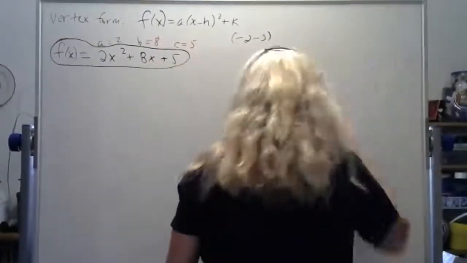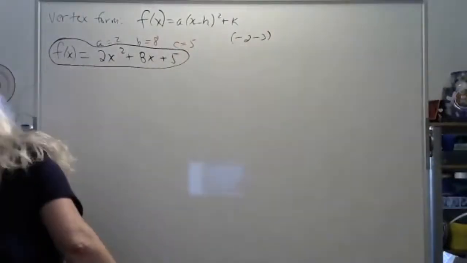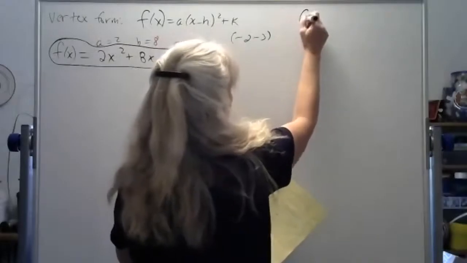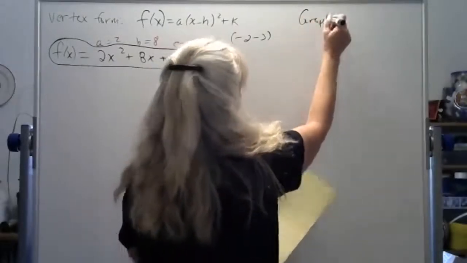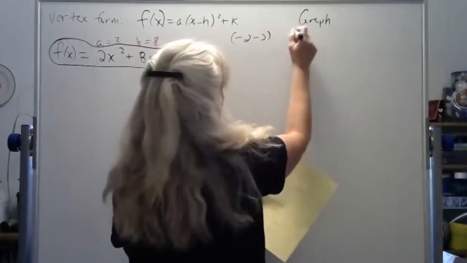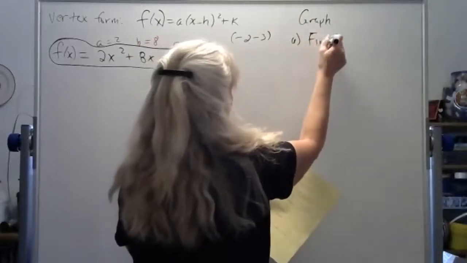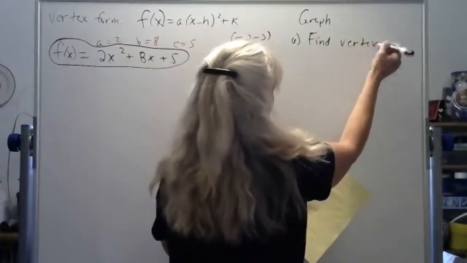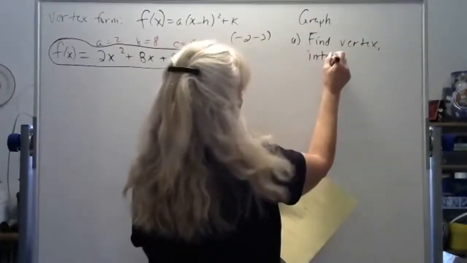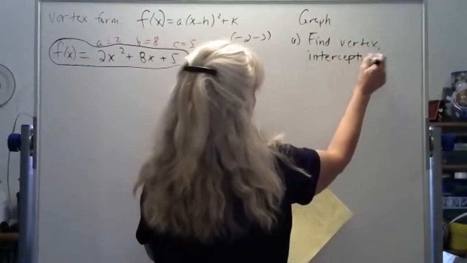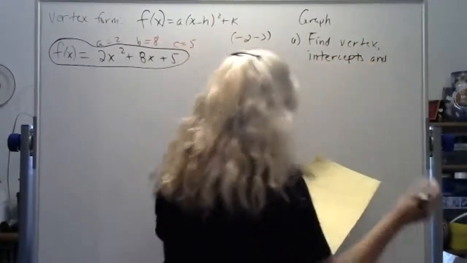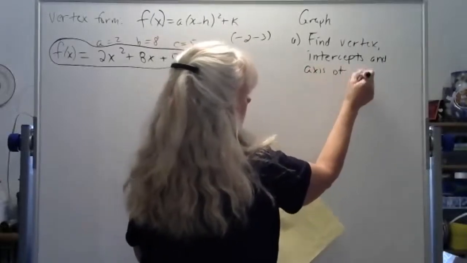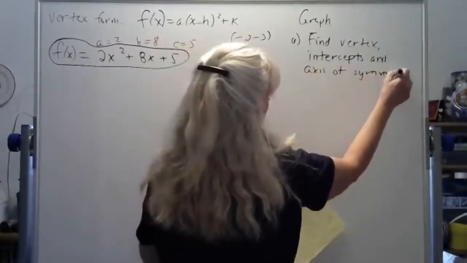Okay. So what we want to do is we're going to graph. So these are our directions on our problem. We're going to graph, and we're going to do that by finding the vertex, intercepts, and something called the axis of symmetry, which we've not talked about, but we will.